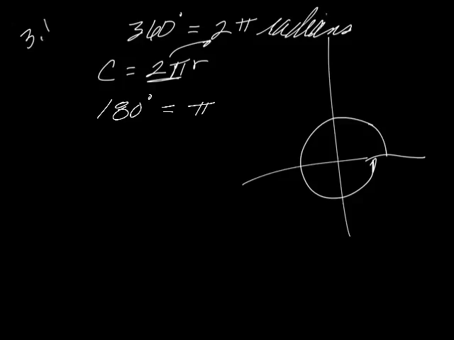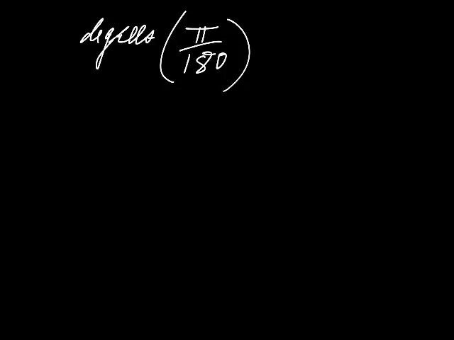We can use this relationship to develop a method for converting between degrees and radians. So here is the formula. When we want to convert degrees to radians, we take our degrees times pi over 180 degrees.